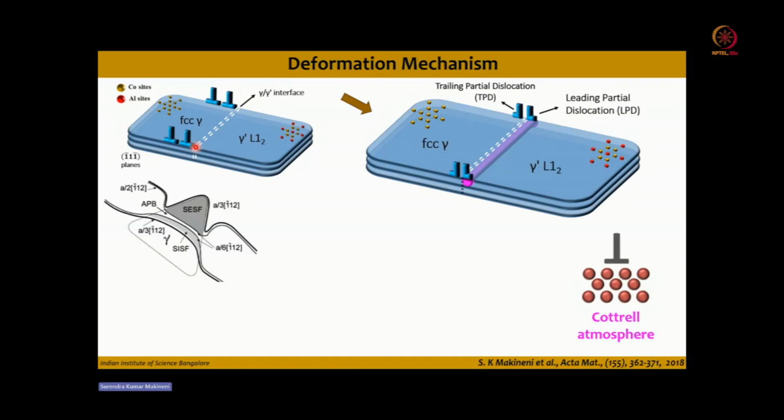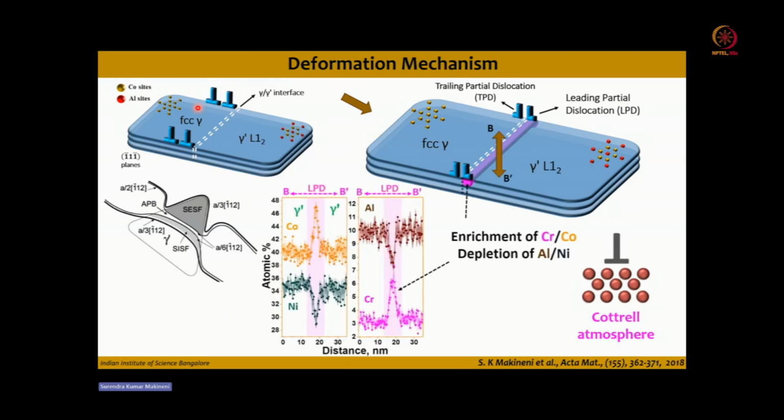It will develop a Cottrell atmosphere along the partial defect, which we see as chromium segregation. If you take the composition profile, you can see that both chromium and cobalt are segregated while nickel and aluminum are depleted.